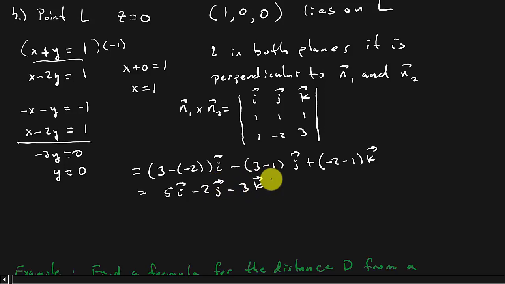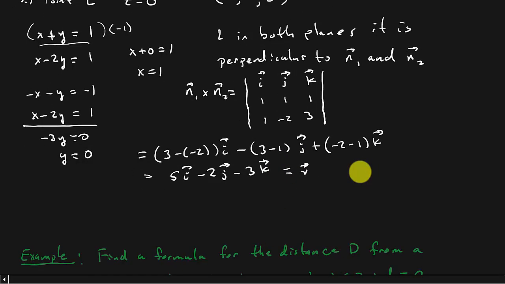So this is your vector V right here. Remember, that's your A, B, and C, those 5, -2, -3.